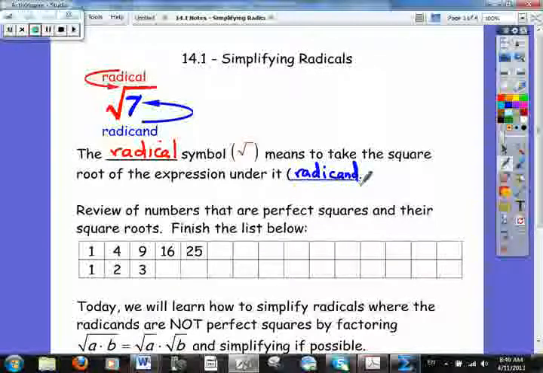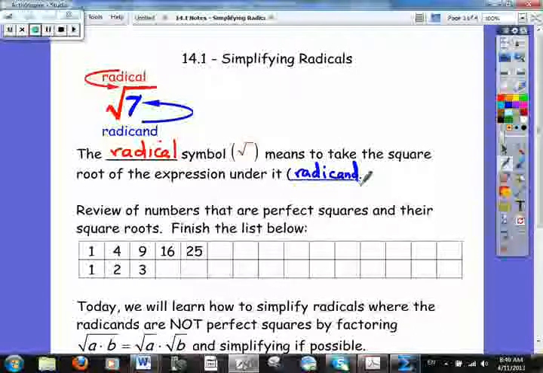Now let's talk about some numbers that are perfect squares and their square root. The number 1 is a perfect square. The square root is 1 and 1. 4 is a perfect square. The square root is 2, 2 times 2. 9 is a perfect square.